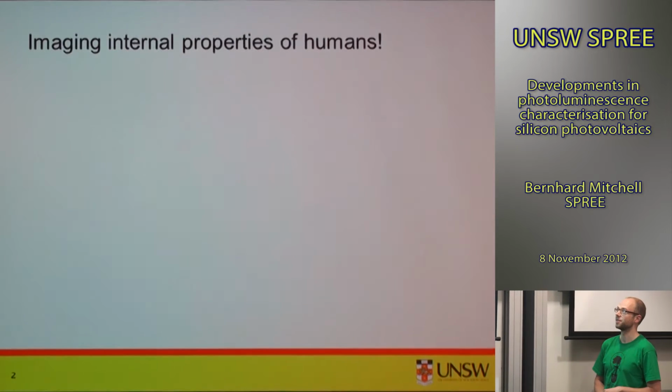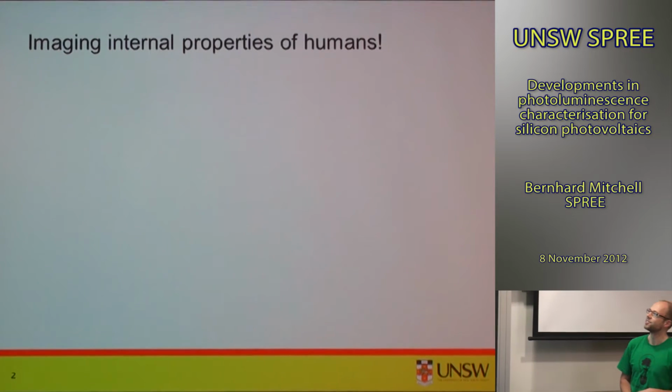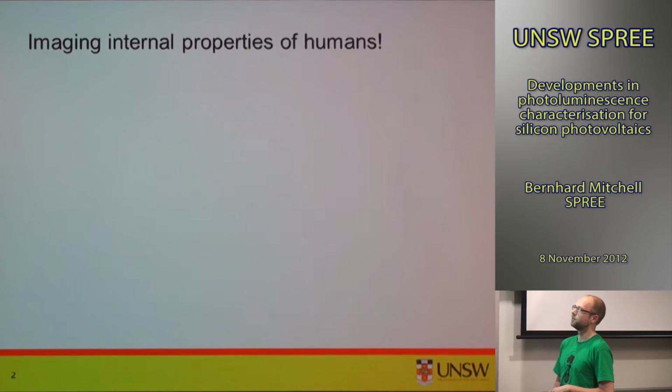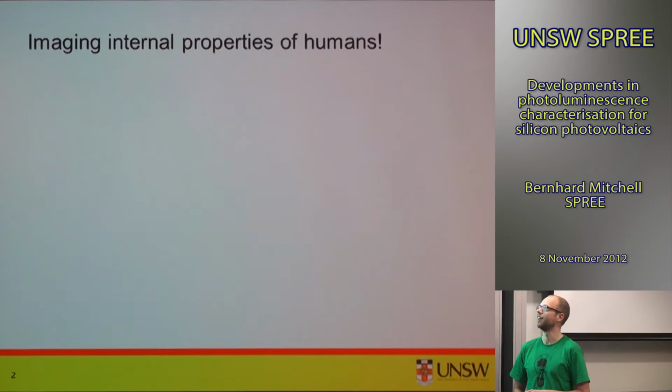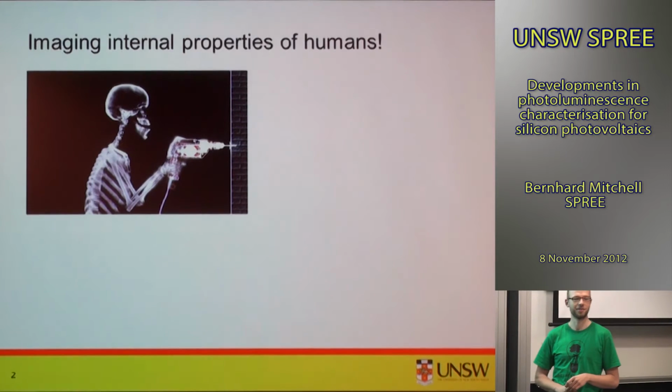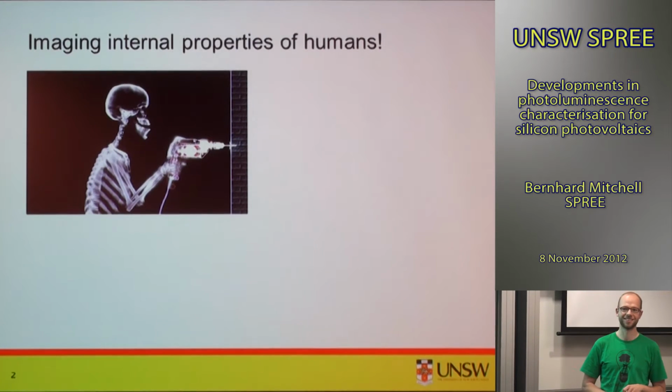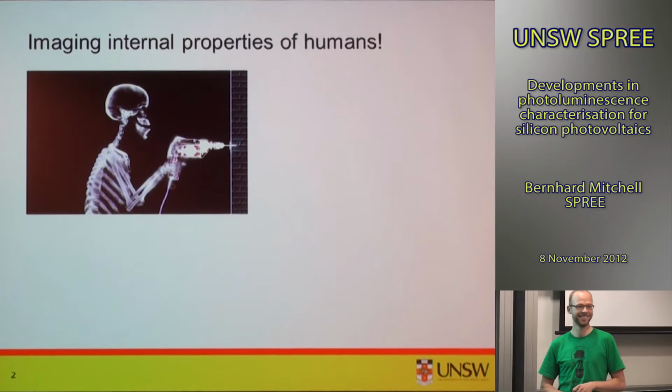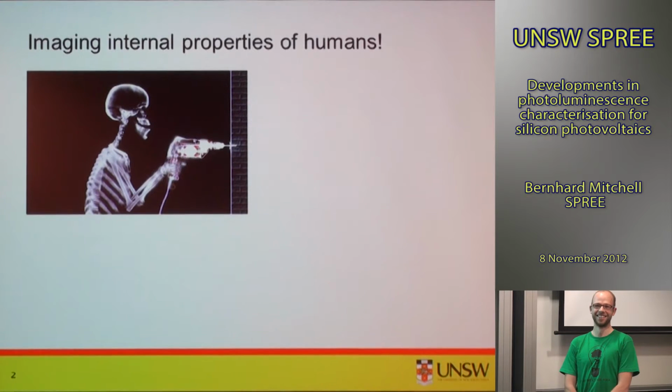I want to start by showing a comparison to how we image the properties of humans. I wanted to first show you this image, and I want to ask you how you think this image is taken. Anyone a guess? X-ray. That's right.